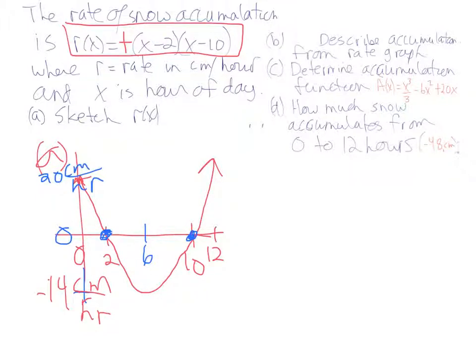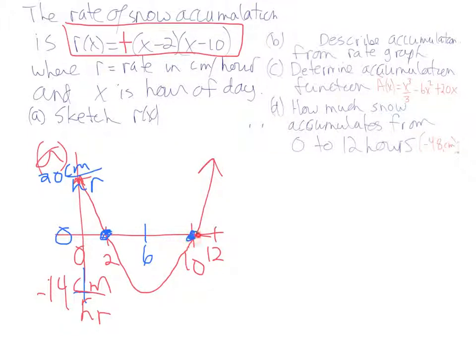So what are the key things that are happening? We know that initially the snow accumulates at 20 centimeters an hour, and then the rate slows down and slows down and slows down, so probably the temperature is getting warmer. And then we know at 2 a.m. that it stops snowing, and it gets warmer and warmer, and it starts to melt faster and faster until 6 a.m., at which point it probably starts to cool down, and the snow is still melting, but slower and slower.